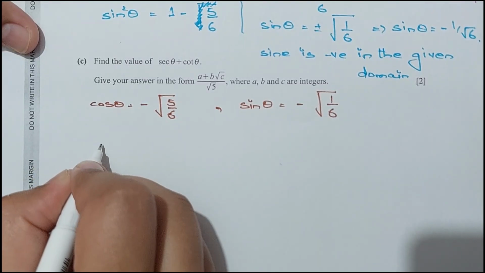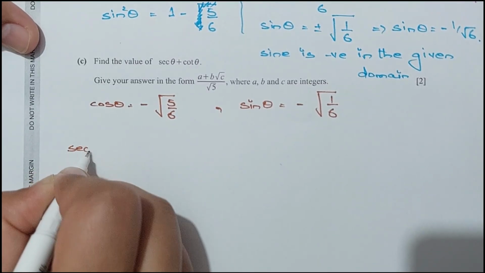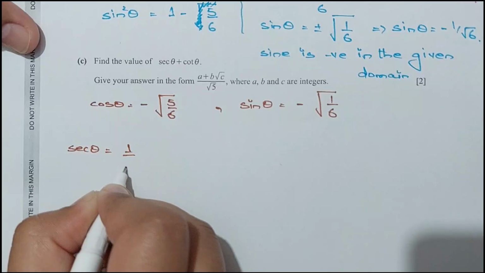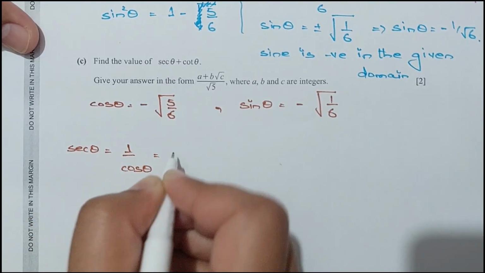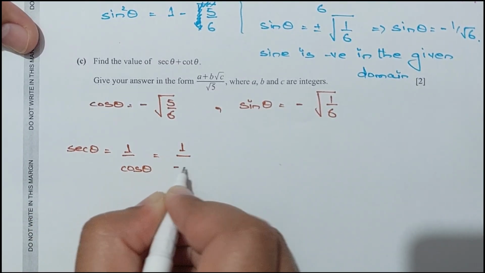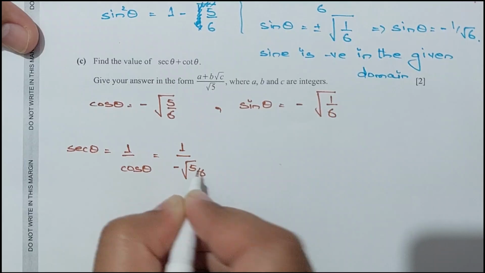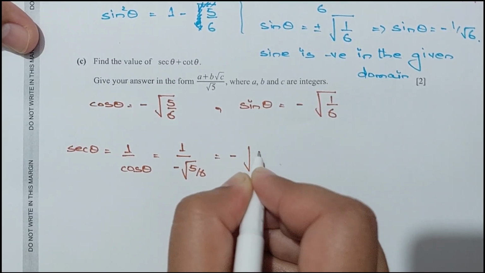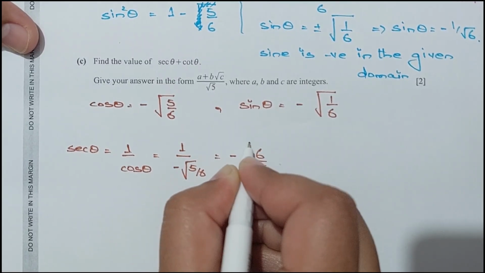What is secant theta? Secant theta is basically 1 over cos theta, so 1 over minus root 5 over 6. This is minus root 6 over 5.